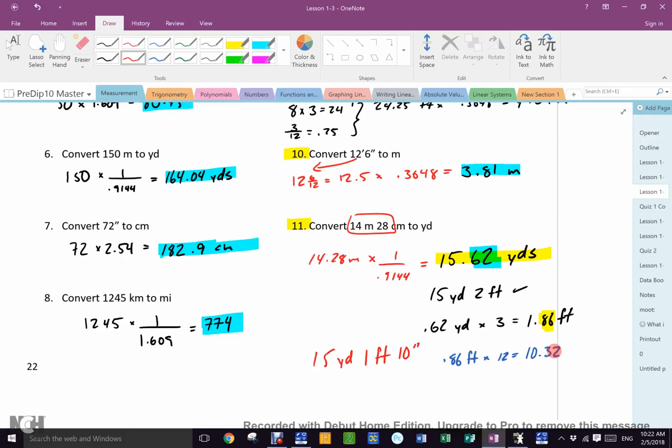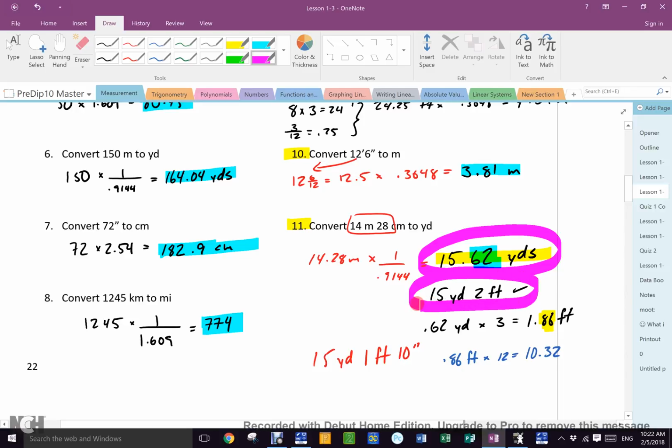Everybody with me? So, this answer, okay, no problem. This answer, slightly better. This answer, best possible one you can give me. Do I care which one you give me? Do I care which one of those is written on the test?